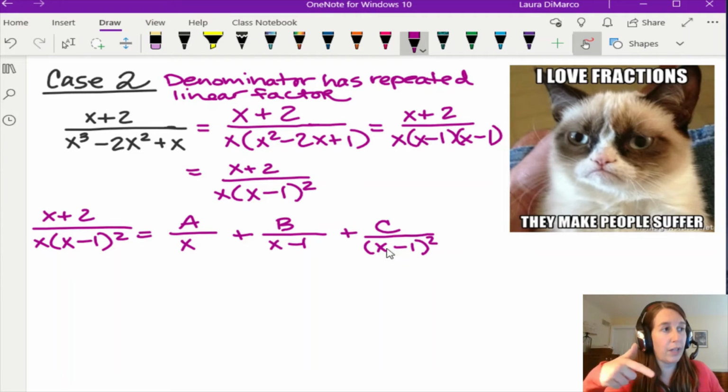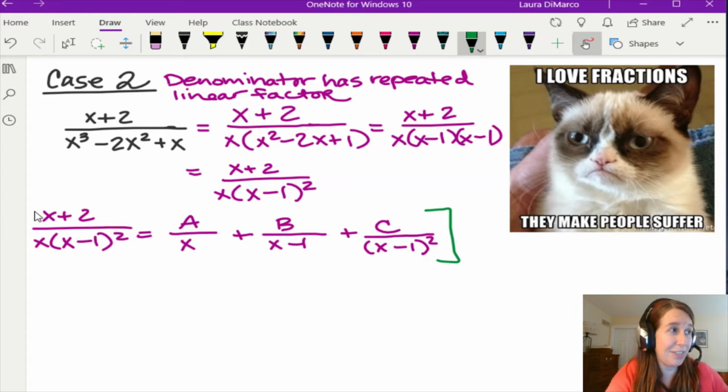Okay, so that's why we have an extra term, and that's just the pattern that these fractions always break down into. They always break down into 3 fractions, and these are the denominators. From here on, I think the process can be pretty similar, and definitely this first step is the same thing that we've been doing. Multiply by the denominators. So we want to multiply by x times x minus 1 squared.